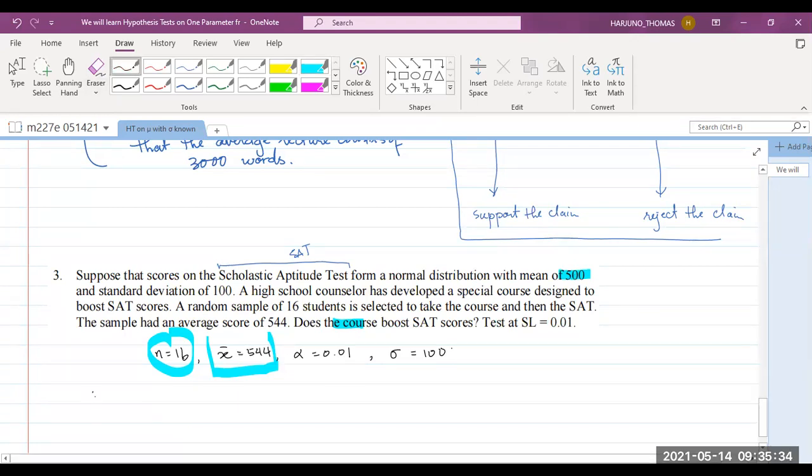Okay, so step 1, claim: the course boosts SAT scores.